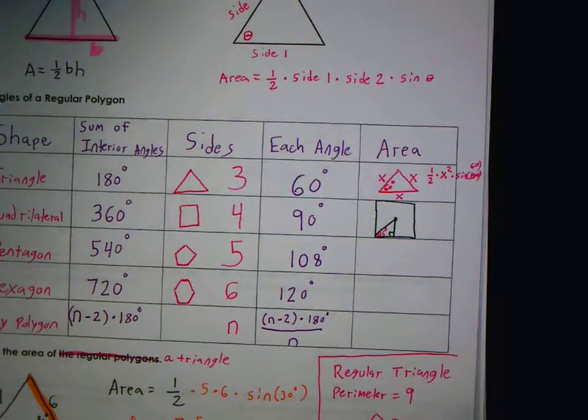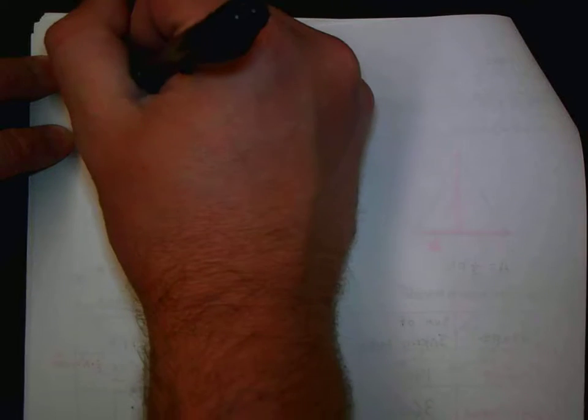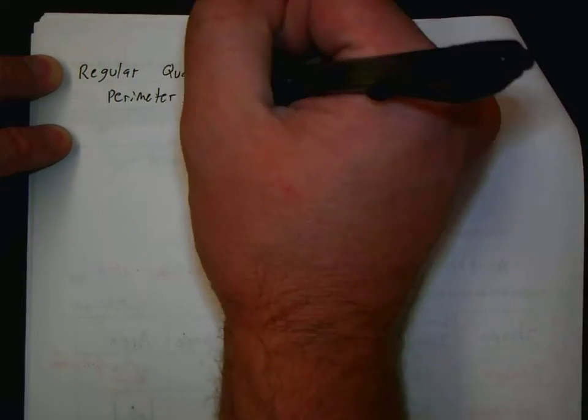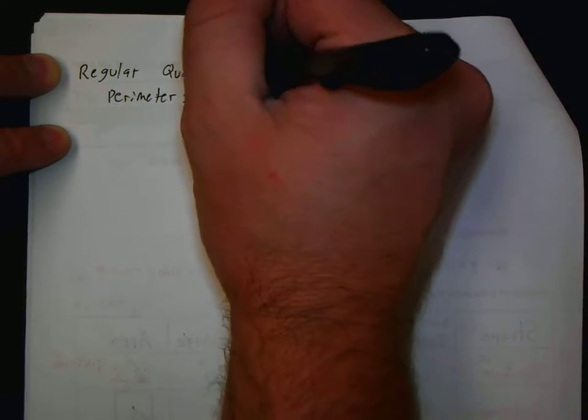So let's do an example with quadrilateral on the back. Let's say, I say it's a regular quadrilateral, perimeter equals 16.